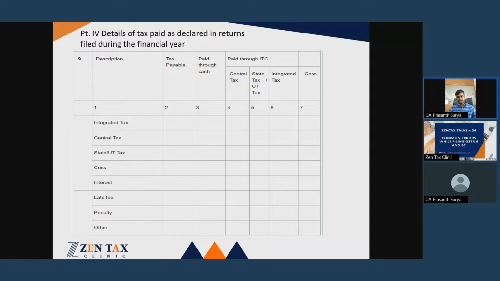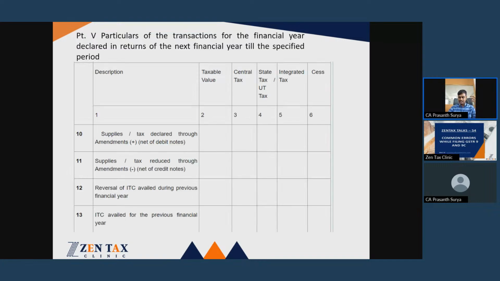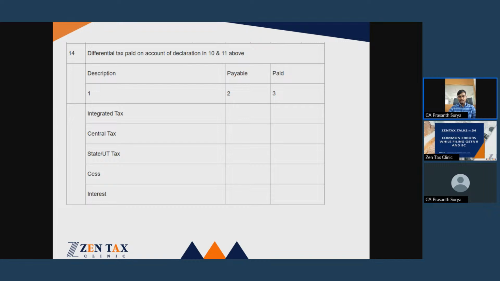If you are not intending to disclose any additional liabilities. Any amendments or transactions pertaining to financial year 23-24, if you are reporting them in financial year 23-24, should be given in table 10 to 13. So if there is any tax to be paid, you should separately disclose it here and pay here.